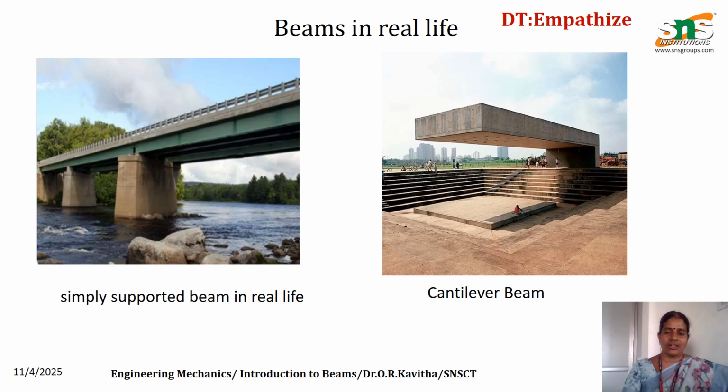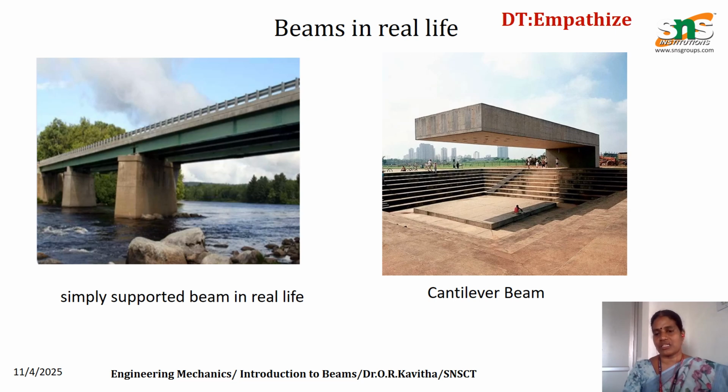So here we have to understand where we are using these beams in real life structures. Whenever we are using a beam in a bridge, we are calling that a girder. Here the girders are supported by the piers. This type of support we are calling a simply supported beam.